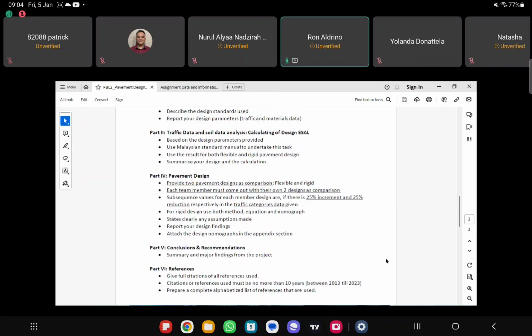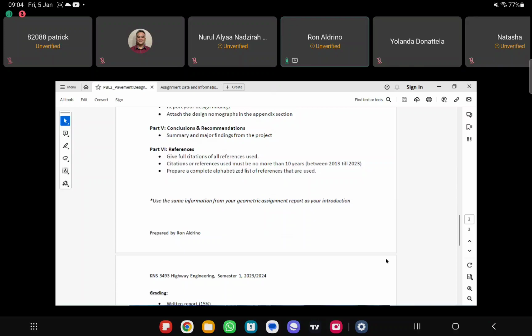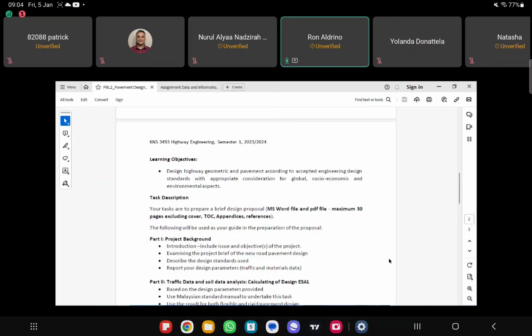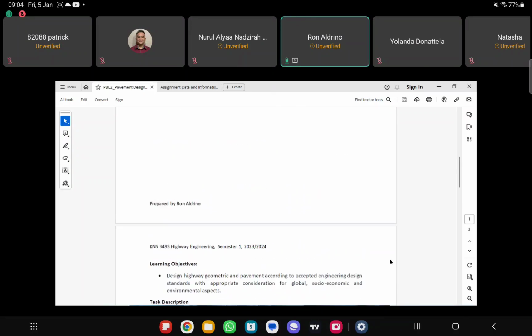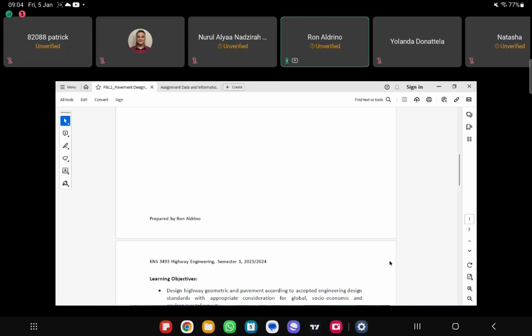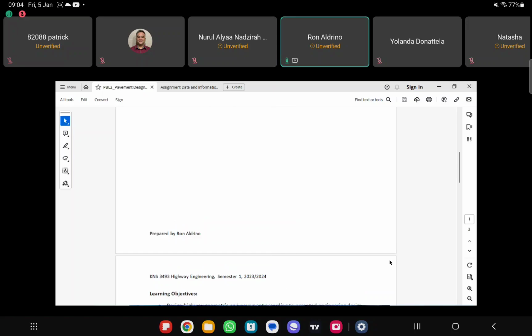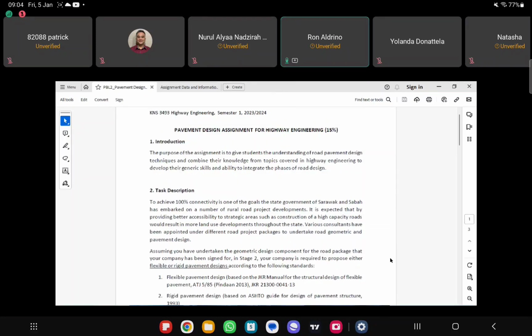So for this PBL 2, it's the same format as your PBL 1. Please use the same format as PBL 1, which has your cover and also the rubric. Please attach the rubric inside your file, so that it's easier for me to key in the marks inside the rubric straight away.